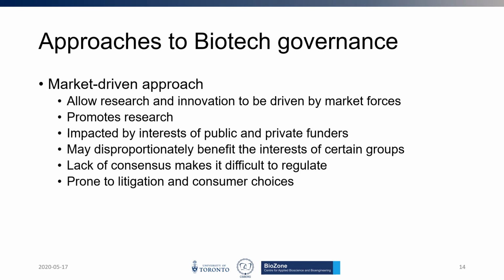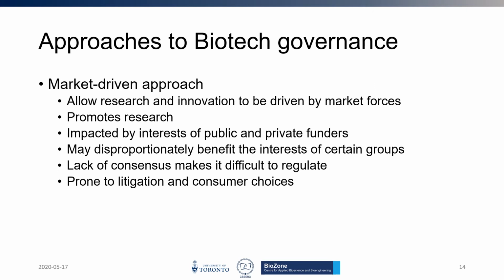Some groups who may benefit from it may disproportionately have a say in how the technology is regulated, or maybe there are different market forces applying pressure on it, so there might be a lack of consensus with regards to what kind of technology makes it in the market or not.